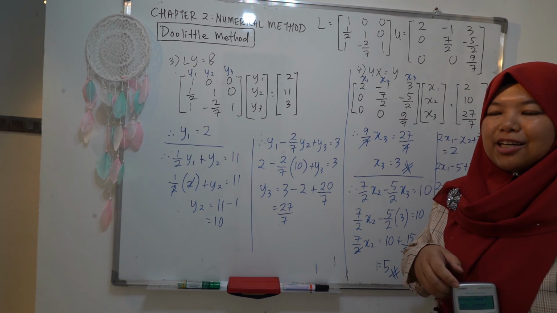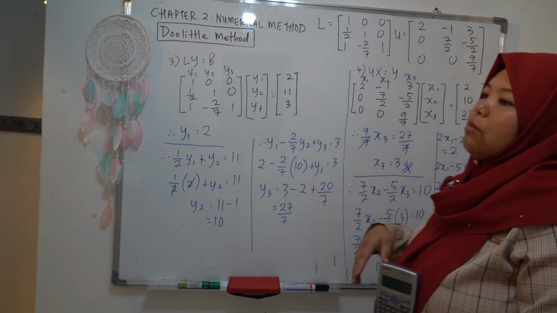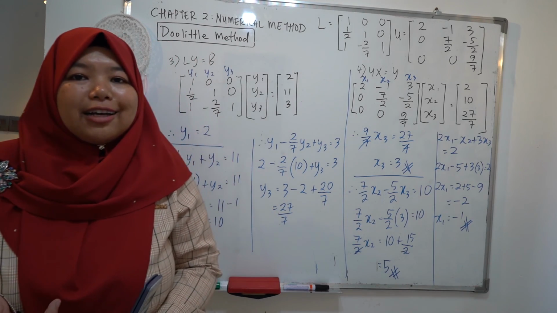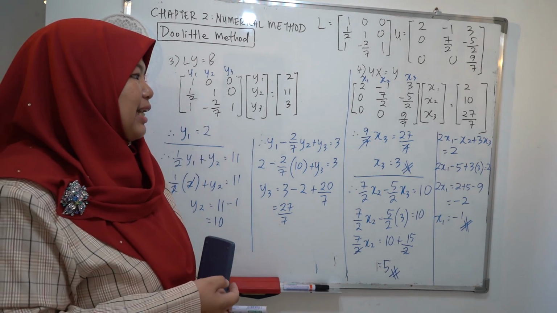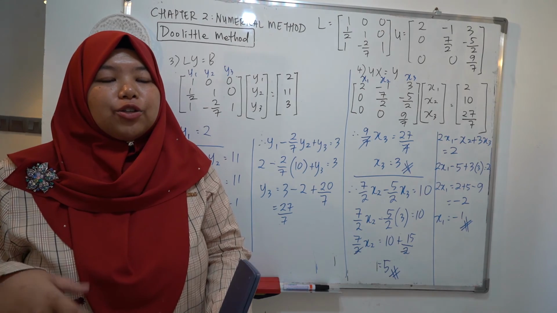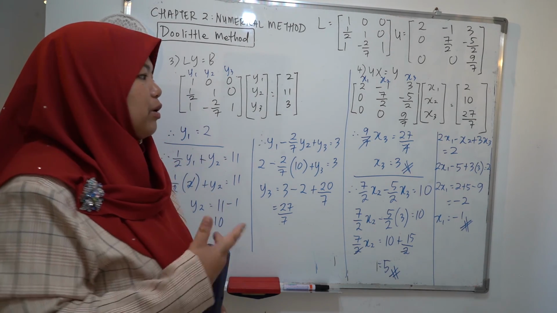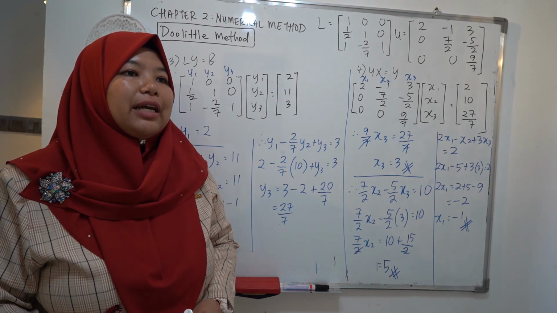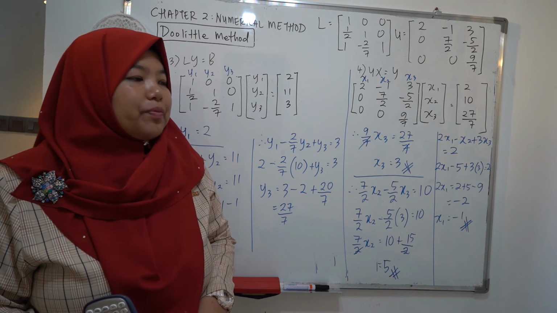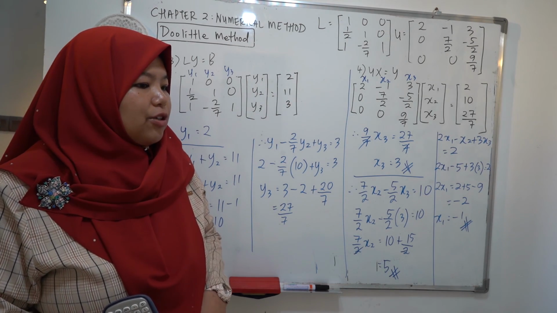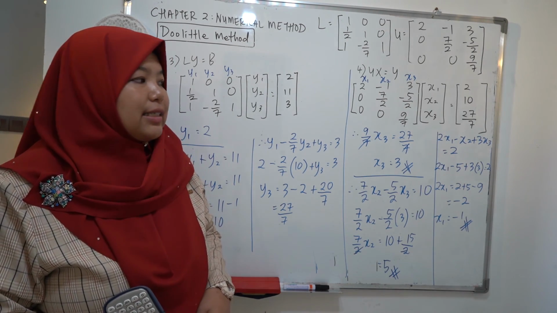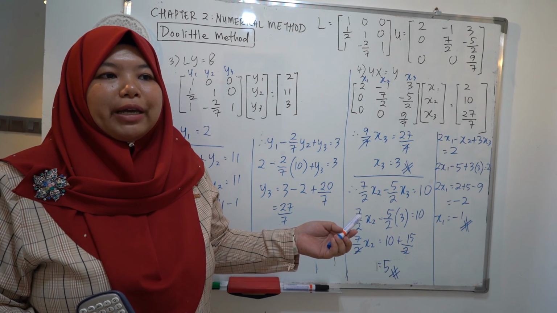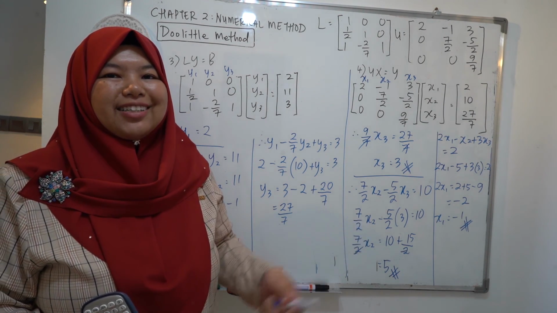For the Doolittle method, the method is long, but if you do many exercises, it will be easy. Hopefully you will understand. Maybe you can do many exercises and watch my video again to understand more.